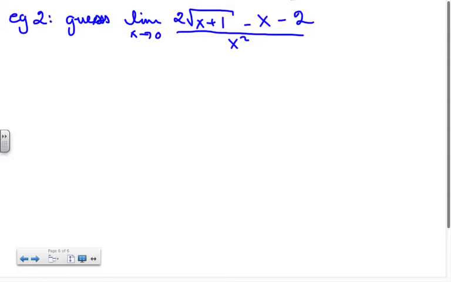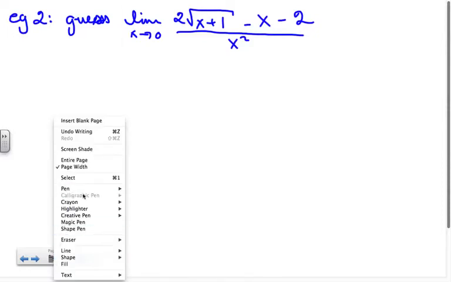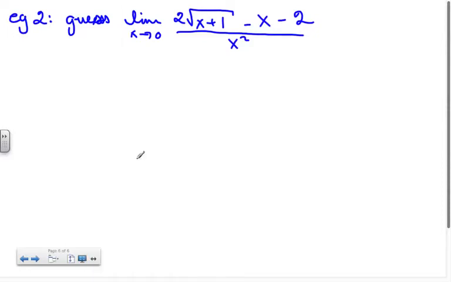And so this is the example that's in your textbook, so you don't really have to copy it per se, but I want to point out something very important in this problem.